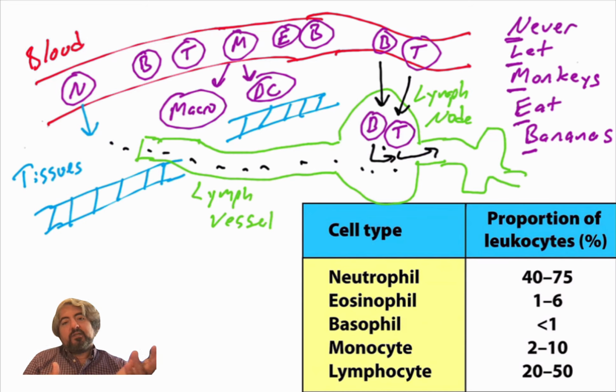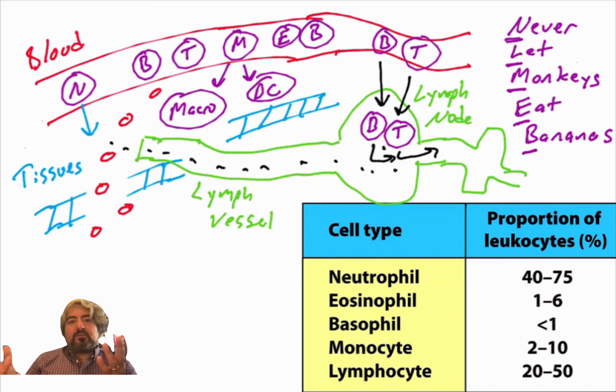Well, lymph nodes will feed into other lymphatic vessels, which will feed into other nodes. Eventually, these all collect into a vessel that empties into your circulatory system in your chest. So the lymph vessels will collect all the fluid, and eventually that fluid goes back into your circulatory system, and the B cells and T cells back into your blood.